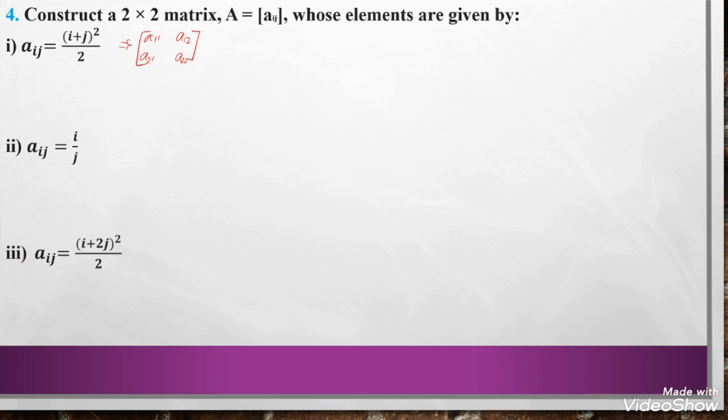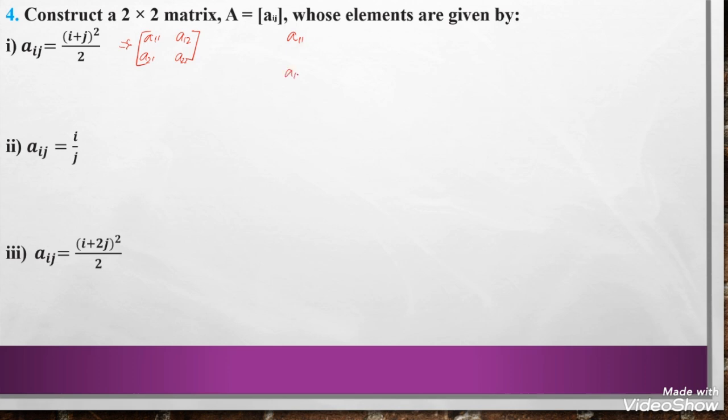Now as per the given condition Aij, i and j represent the position of row and column. First we have to calculate each element by that condition.